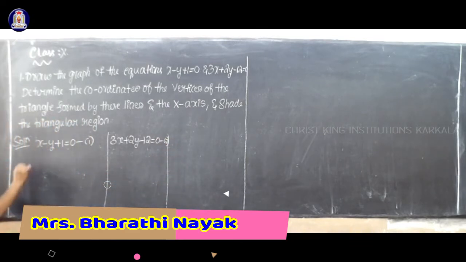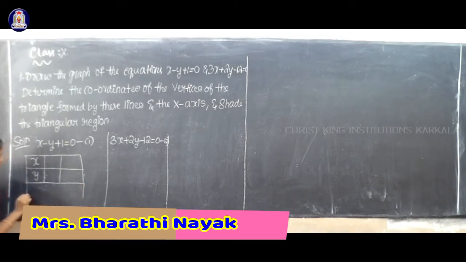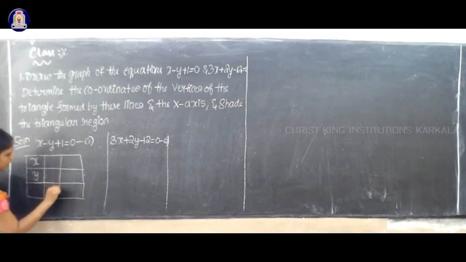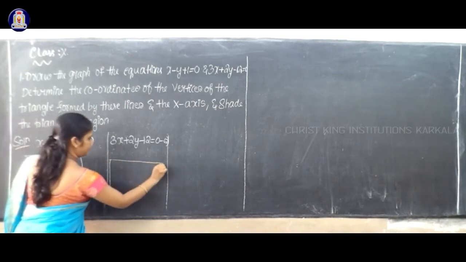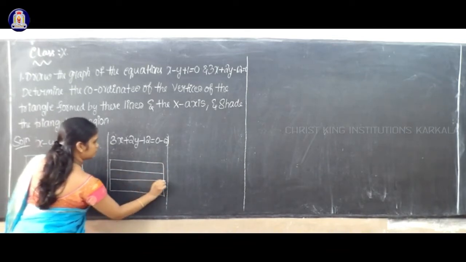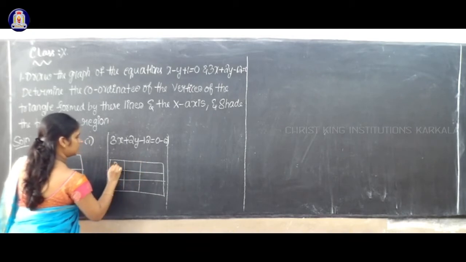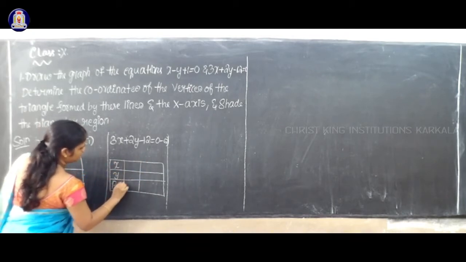Here I will make a table for equation number 1. This is x, this is y, and this is points. In the same way, for the second equation also I will take a table. This is x, this is y, and points.